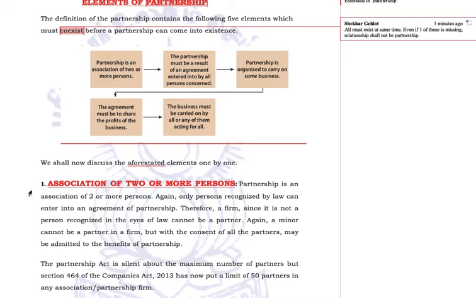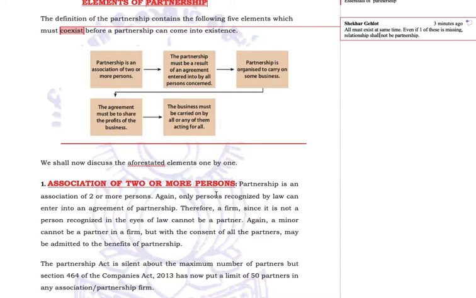The Partnership Act is silent about the maximum number of partners, but Section 464 of the Companies Act 2013 has now put a limit of 50 partners in any association or partnership firm. Now, partnership is association of two or more persons.